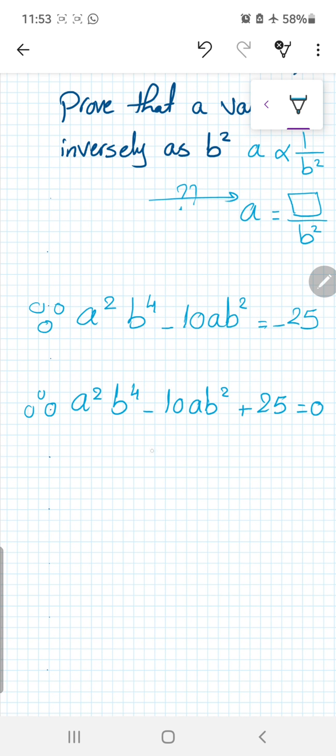As we said, it's a perfect square. So write a bracket all to the power 2 equals 0. Take the square root of the first, the square root of A power 2, which is A. The square root of B power 4, which is B power 2. Take the sign of the middle, which is negative. Take the square root of the third, the square root of 25, which is 5.